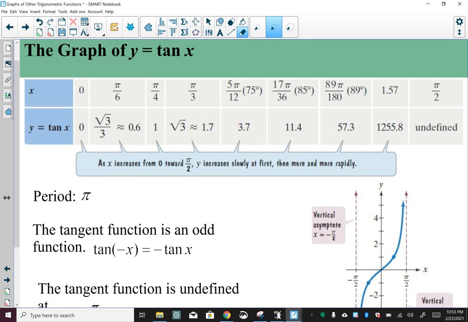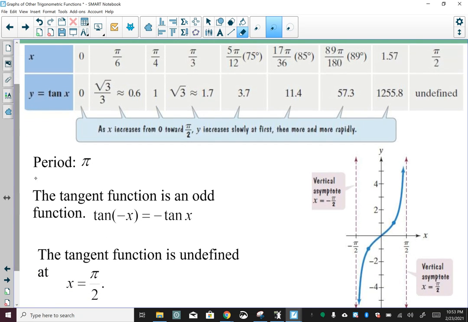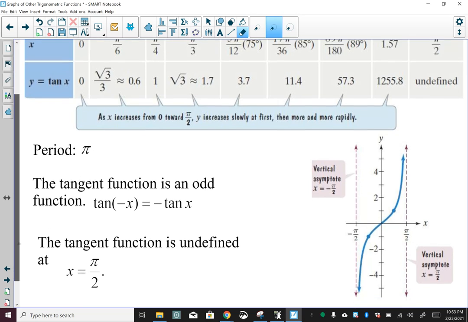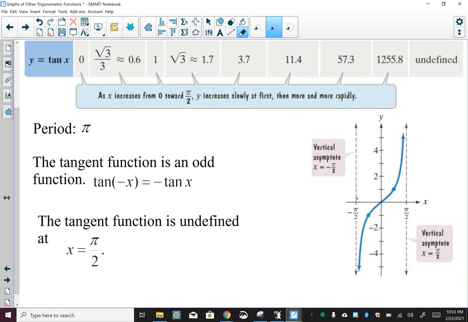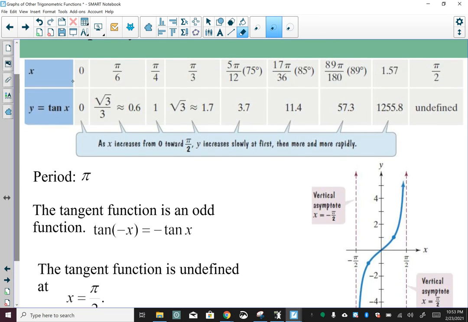So when we look at a tangent graph, yes, we have a period of pi, but we don't start at 0. We go from negative pi over 2 to pi over 2. If I draw an actual graph of what the tangent graph looks like, this is just 0 to pi over 2.